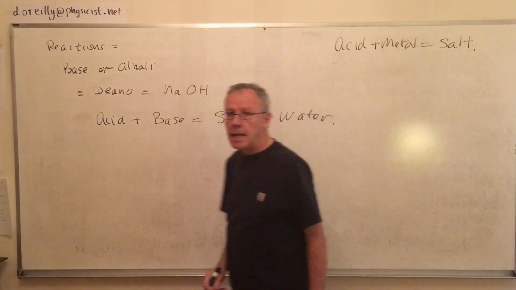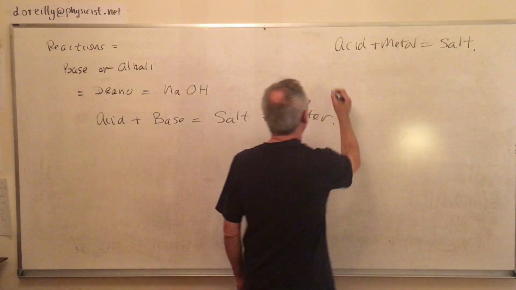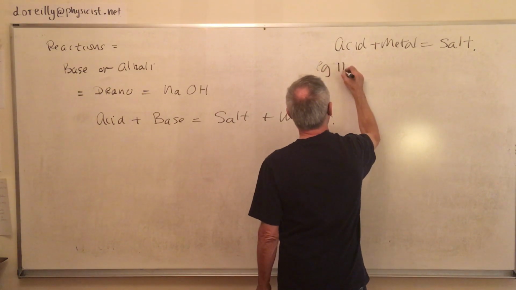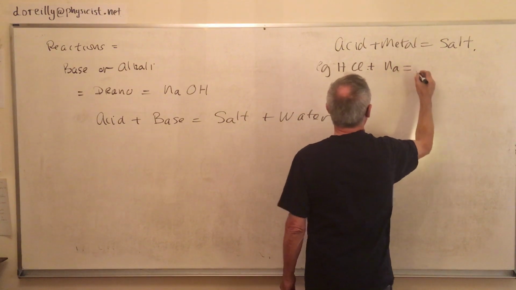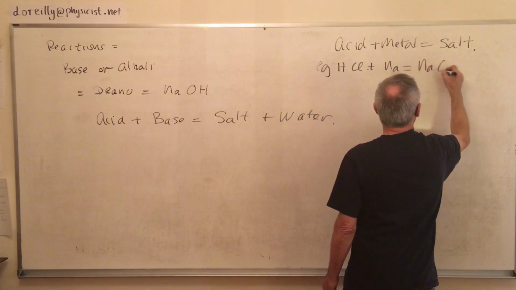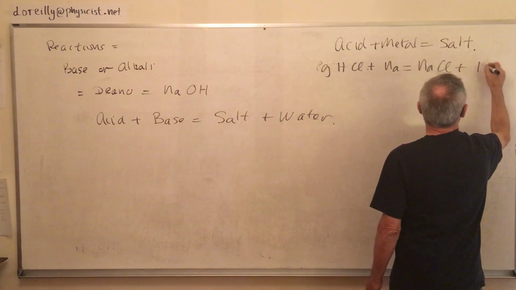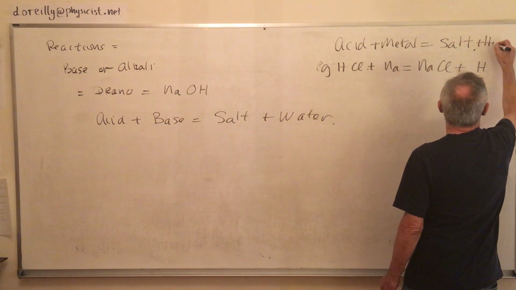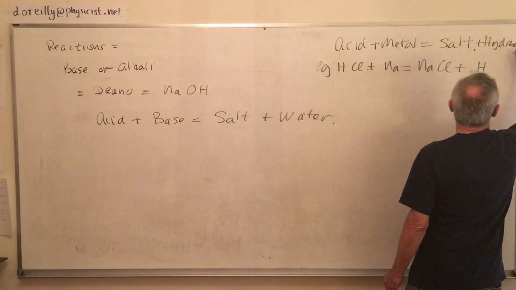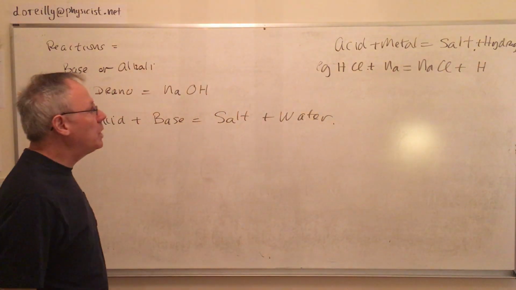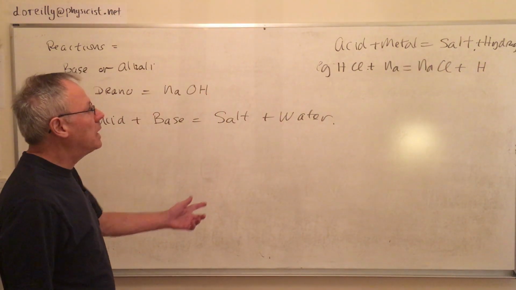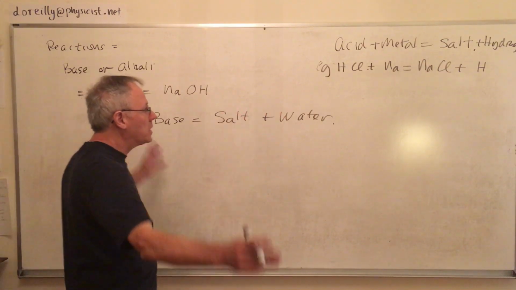And the general rule is that an acid plus a metal is a salt, e.g. Now that's how you make hydrogen in a lab, by the way. You throw an acid onto a metal, and you get a salt plus hydrogen gets released.